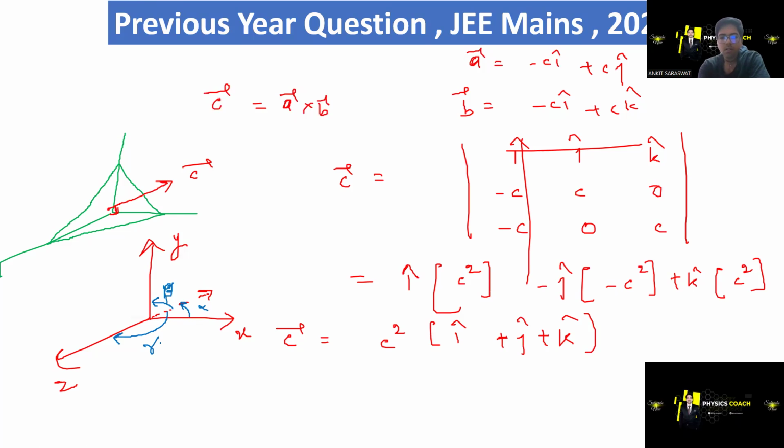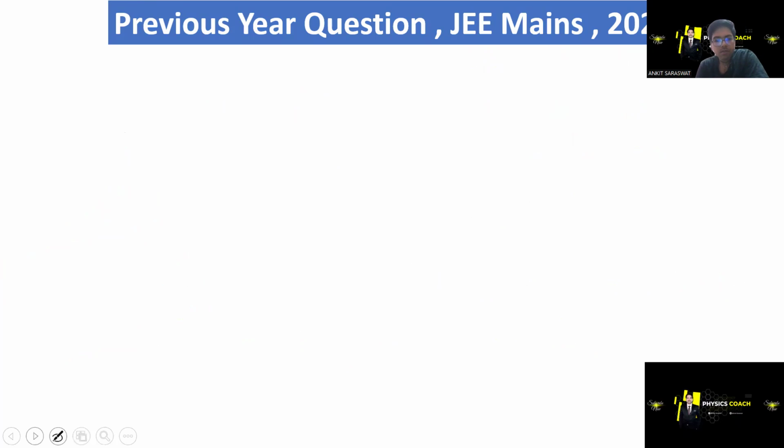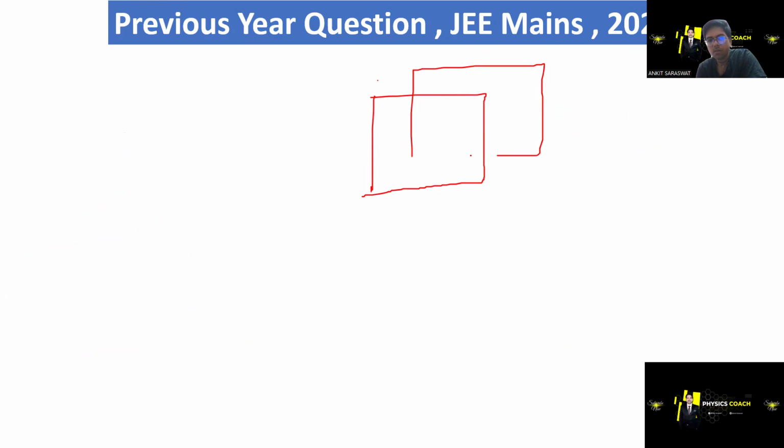If you want to imagine, I can make you imagine like this. Make a cuboidal shape like this. This is the x-axis, this is the y-axis, and the z-axis.